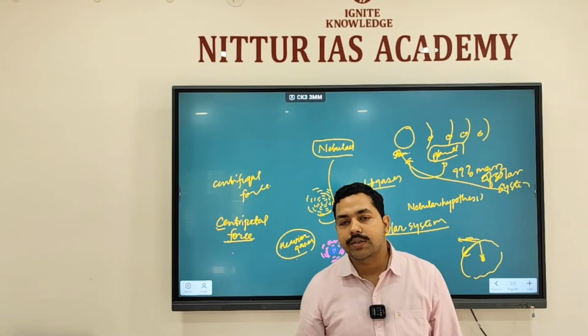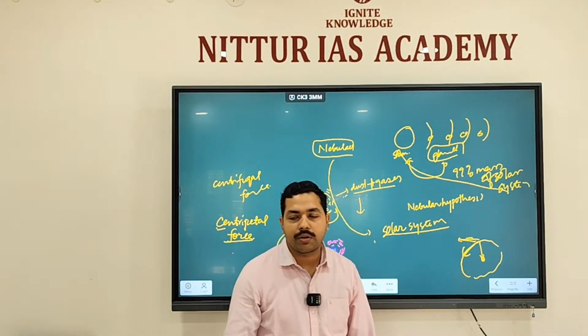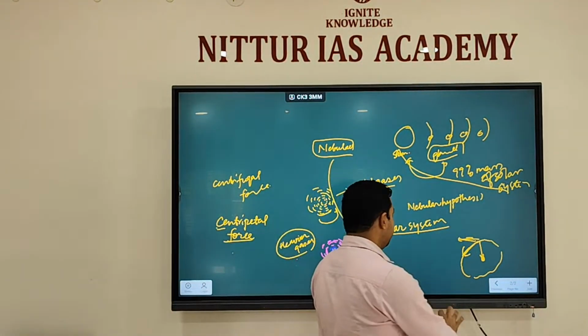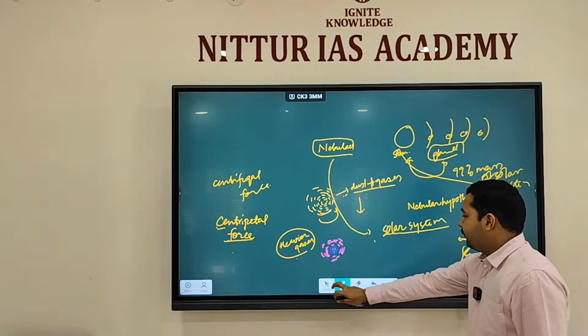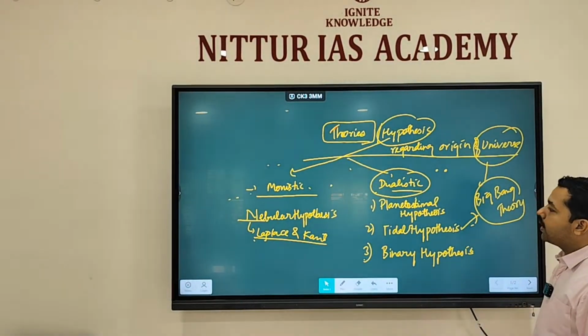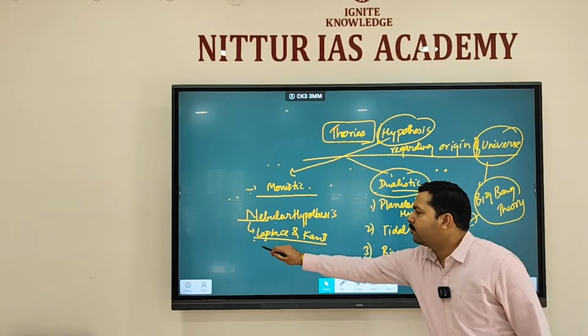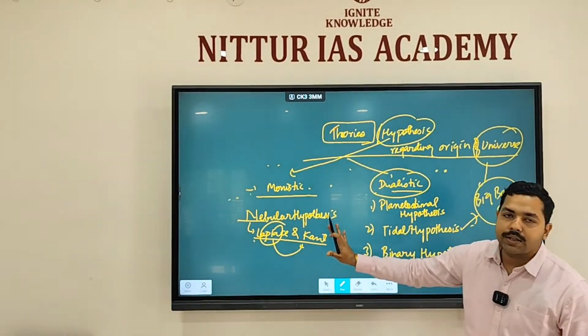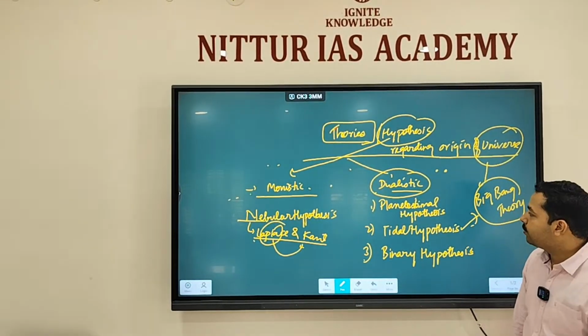So this is our first hypothesis, which is called the nebular hypothesis. Who has provided this nebular hypothesis? Laplace as well as Kant. Clear? Laplace first provided it, and then Kant modified it. So that's why we call it the nebular hypothesis.